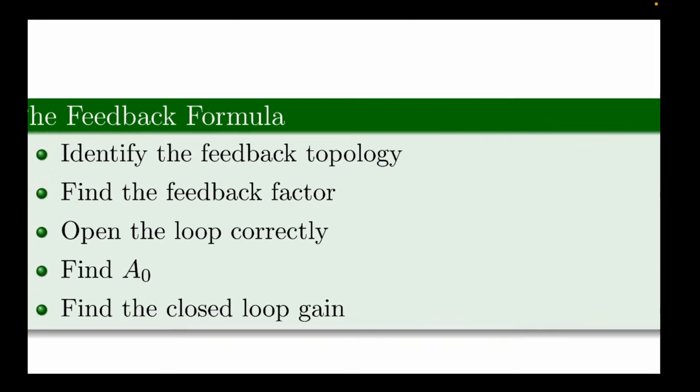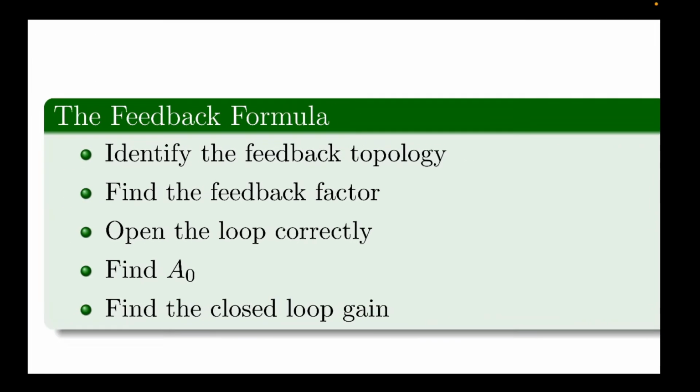Yeah, okay, so here's a little formula, the feedback formula, and this will help you solve these kinds of tricky questions. These are pretty big questions. Okay, identify what topology you have. Then we're going to find K or beta, the feedback factor. This part's a little different. In the lectures you might have seen G parameters, Z parameters being pulled out.